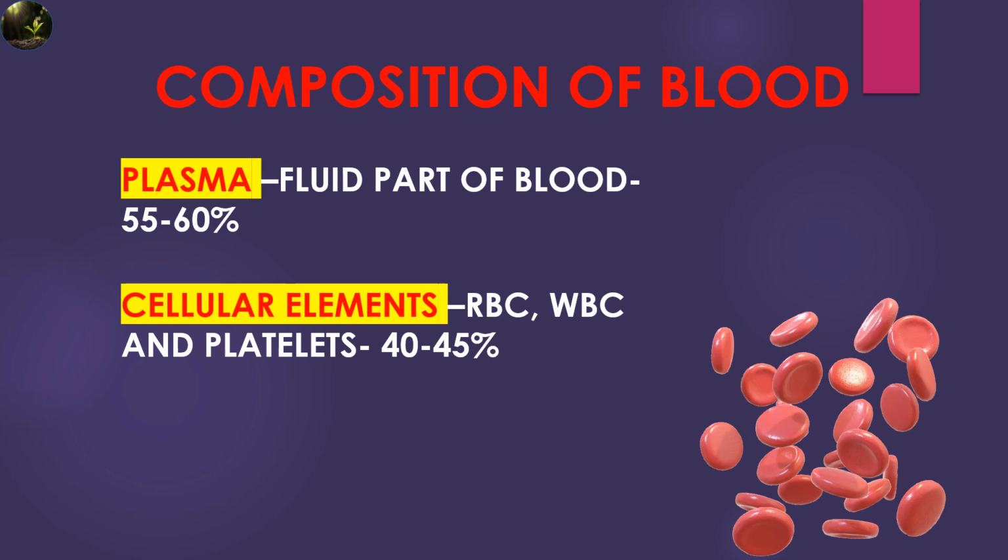The other one is cellular elements. There are three main types of cellular elements: RBC, that means red blood cells, WBC, white blood cells, and platelets. Almost 40 to 45% of blood contains cellular elements.